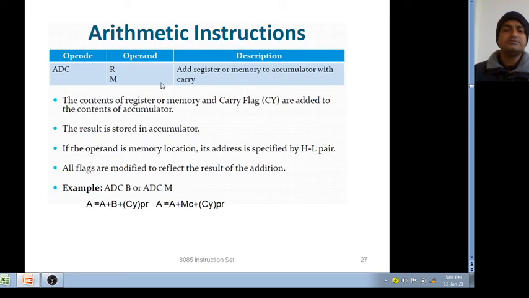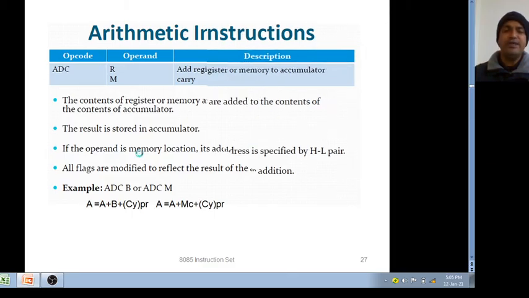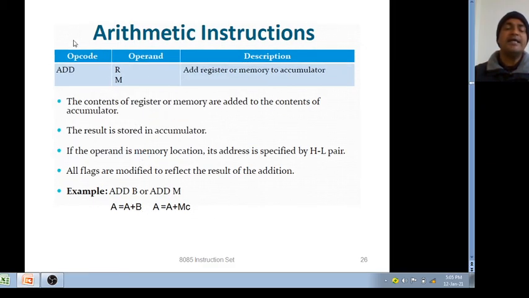Now, the next instruction is ADC. What is the difference between ADD and ADC? In the ADD instruction, we do not have the facility to add the previous carry. Suppose you are adding two 16-bit numbers.